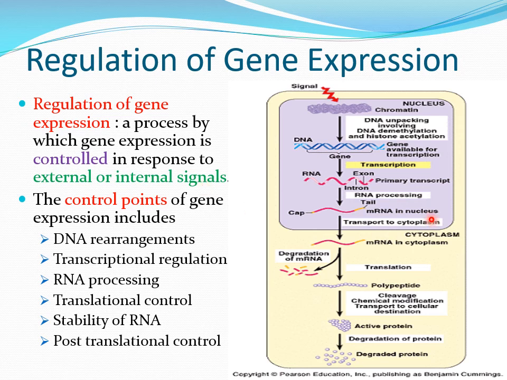So basically, the expression of these nucleotide sequences, the DNA, has to be as and when required. It is to be regulated. And this regulation, the various control points of gene expression, may include rearrangement of the DNA molecule within the nucleus, whether transcription is possible for a particular DNA part or not.